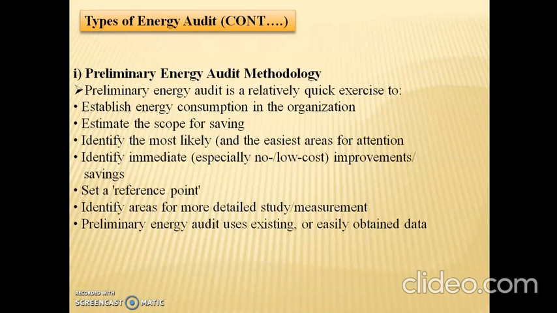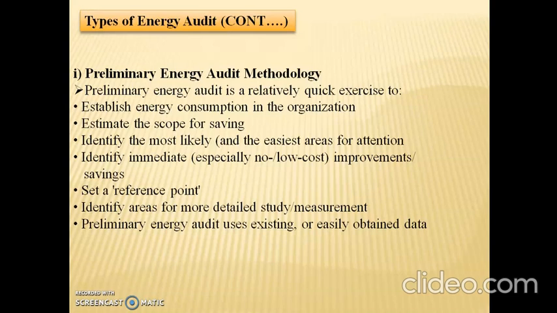While the auditor or manager has a walkthrough in your industry, he will immediately identify some areas, like suppose a compressor is leaking through some pipes, or oil is leaking. Such easily identifiable options he will look after. Then set a reference point from whatever data he gathered after the walkthrough and after referring to the electricity bill.